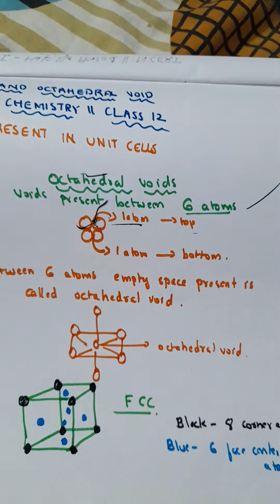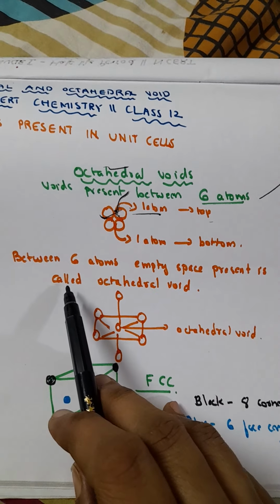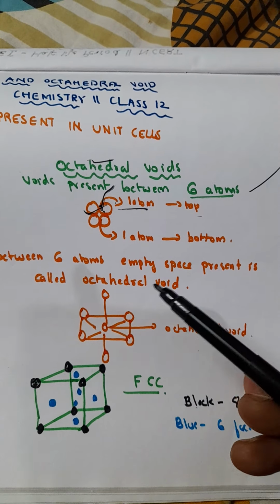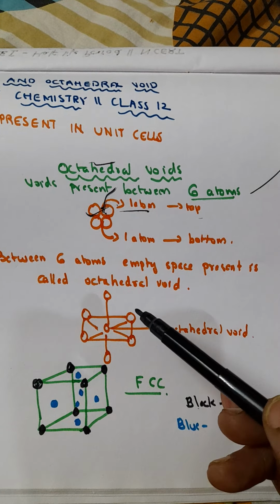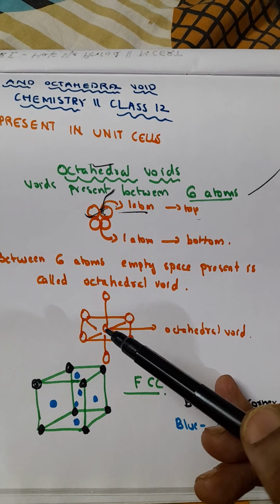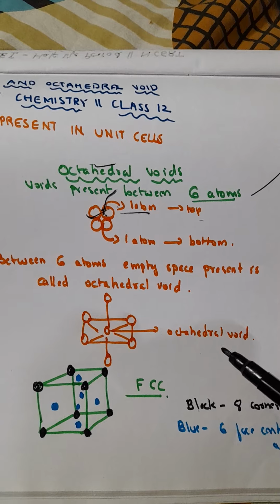If there is one on top and one at the bottom, there will be empty space present between the 6 atoms. See, 1, 2, 3, 4, 5, 6 atoms are there, and in between we have the octahedral void.